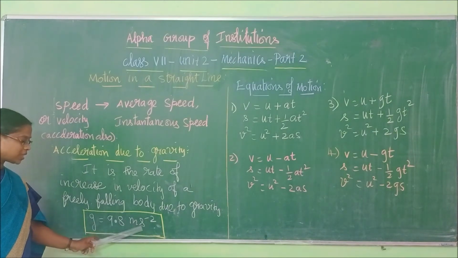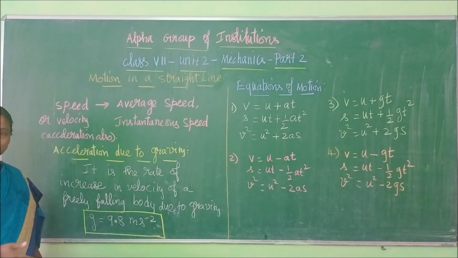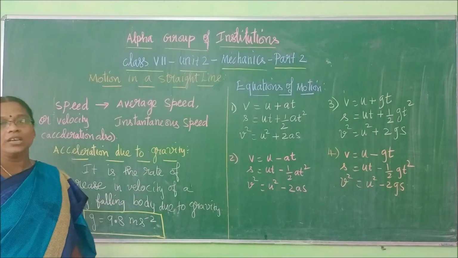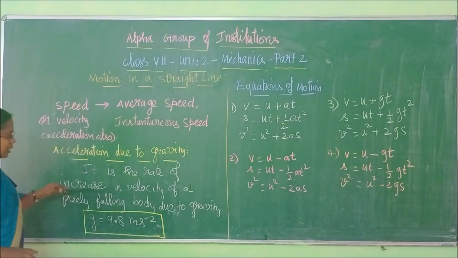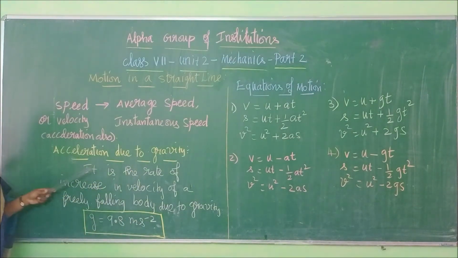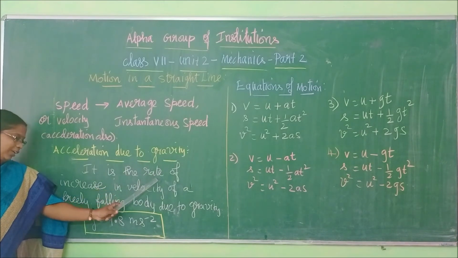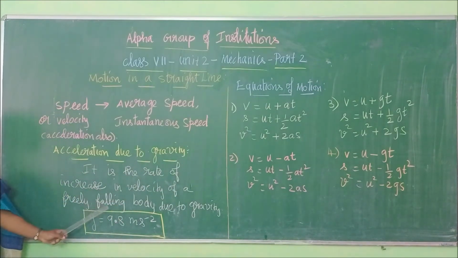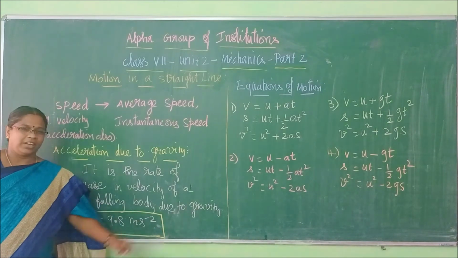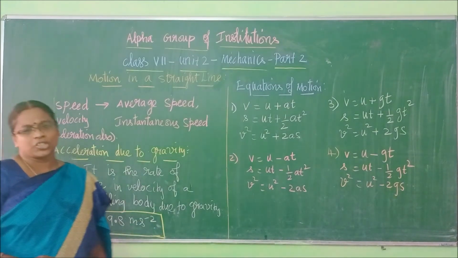Meter per second square. Just now we learned the unit of acceleration is meter per second square. Clear? Now come to the definition. Acceleration due to gravity is the rate of increase in velocity of a freely falling body due to gravity. This is one specific definition, children.